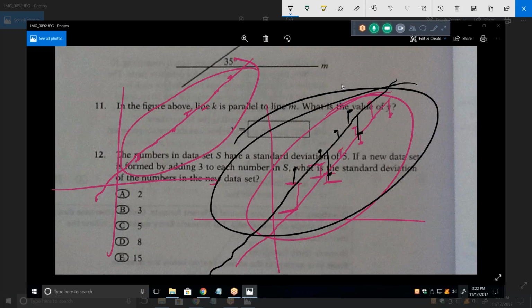That is the difference between my black sloped line and my red sloped line, because my black is exactly 3 higher. That is 3, that is 3, and so forth. All I've done is moved my straight line up, but I haven't changed the spread at all.